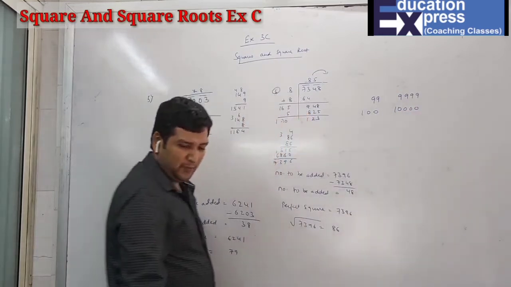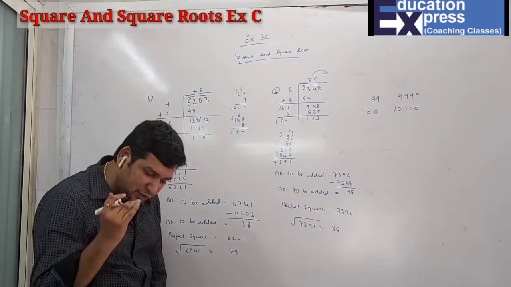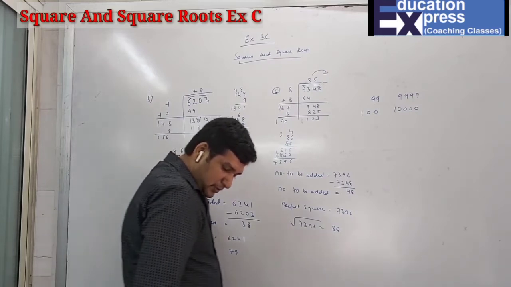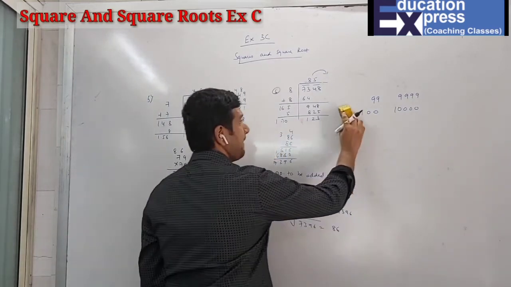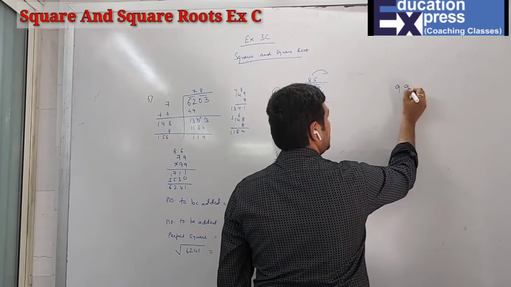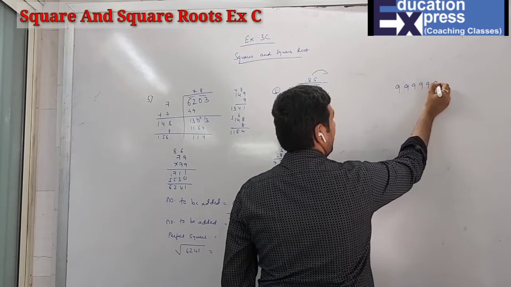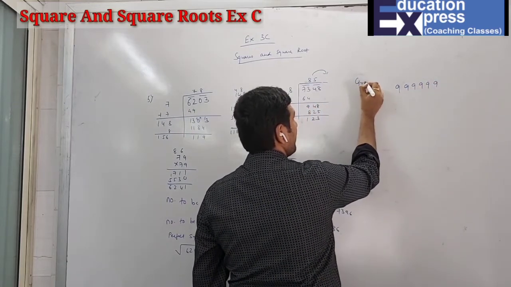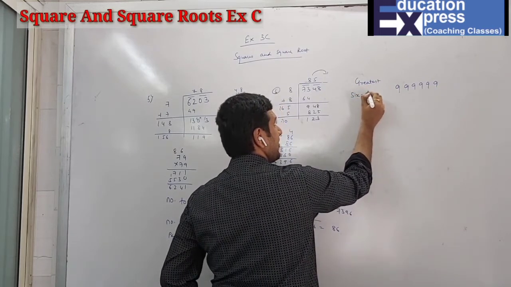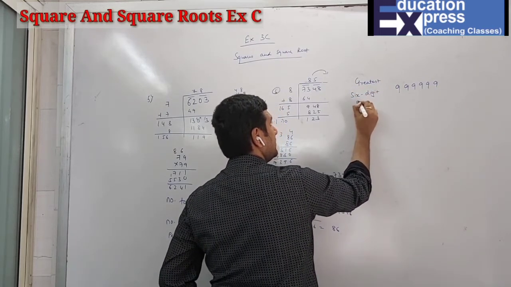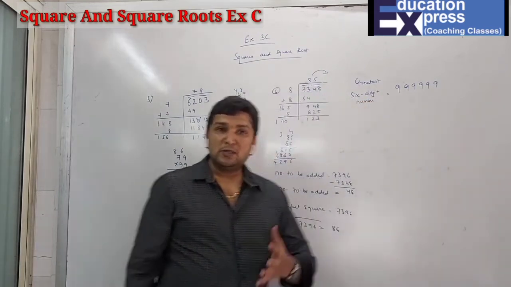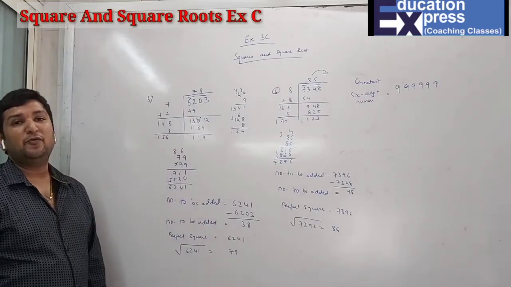So here they have asked me the greatest 6 digit number which is a perfect square, and to find the square root of this number. So students, over here, the greatest 6 digit number will be... now here also, students, I have to use the same concept of addition and subtraction.